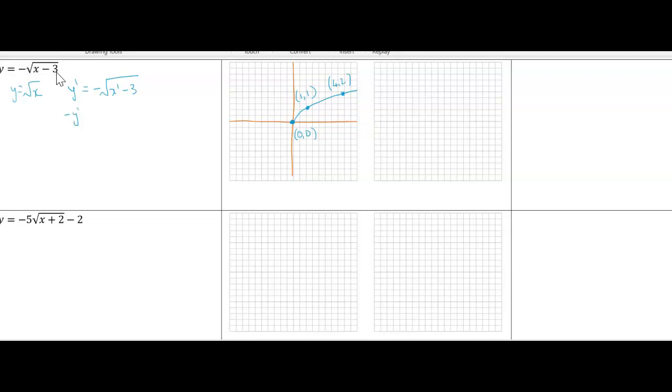So basically I'm bringing that negative sign over. You can't put that negative sign into the square root, so just be aware of that. We're going to take it over to the other side. So there is a reflection.